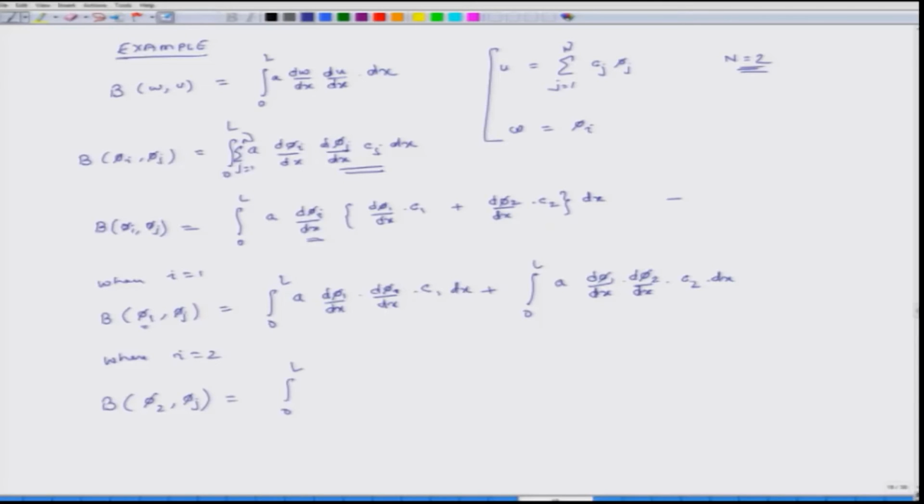And actually this should not be phi, it should be u, because this entire thing is u, right. So, this is equal to d phi, and if i is equal to 2, then I get here this thing.